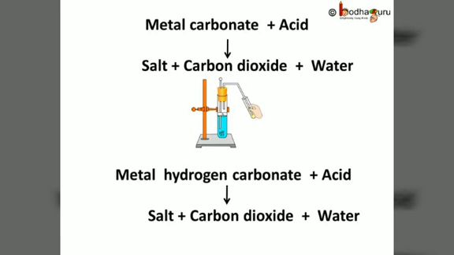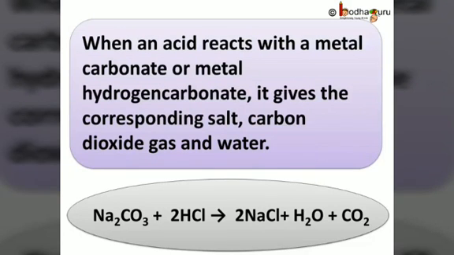So what can we conclude? Acids produce carbon dioxide along with salt and water when they react with metal carbonates or hydrogen carbonates. To sum up what we learnt about acids and bases today, when an acid reacts with a metal carbonate or metal hydrogen carbonate, it gives the corresponding salt, carbon dioxide gas and water.